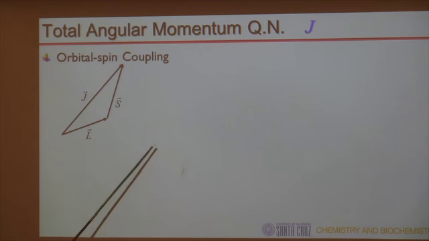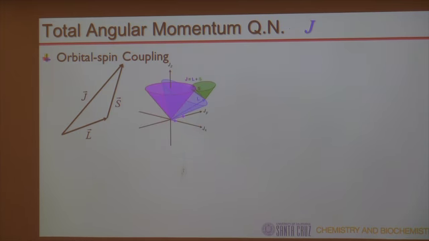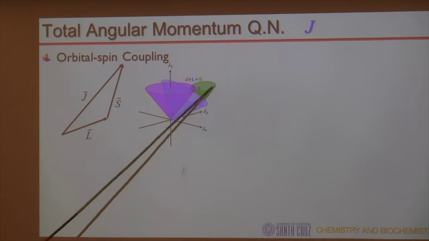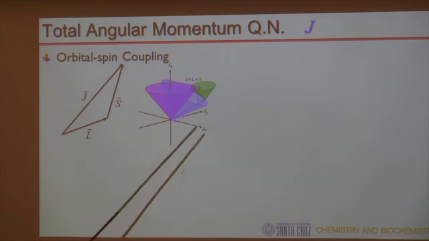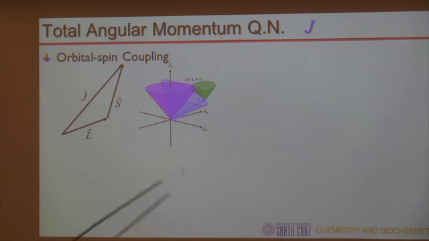So this is orbital. Okay, a fancier picture is like this. There are three cones. The first cone here, the blue one, represents the orbital angular momentum, whereas the green cone represents the spin angular momentum. And you add them together, you get this cone, that's the total angular momentum. Well, still pretty abstract, I know.